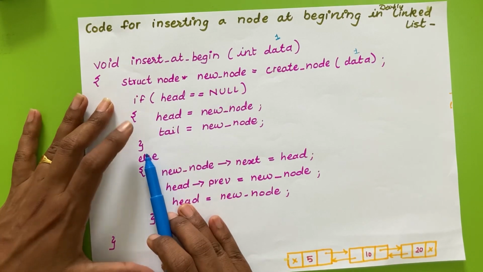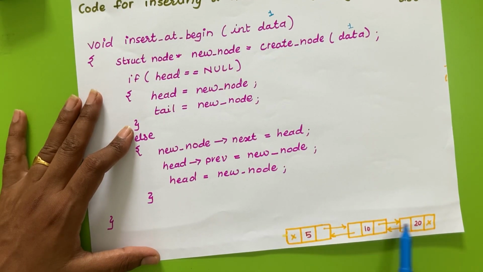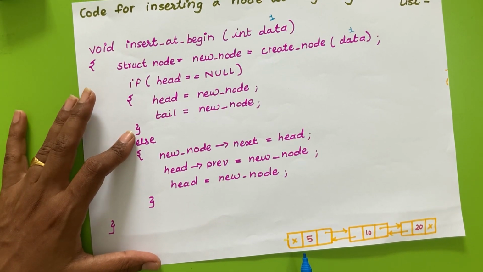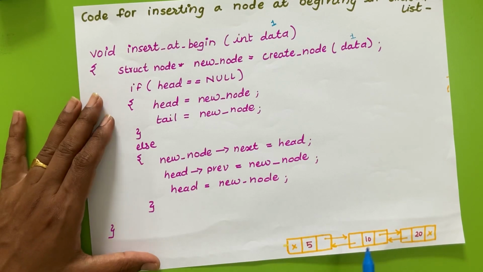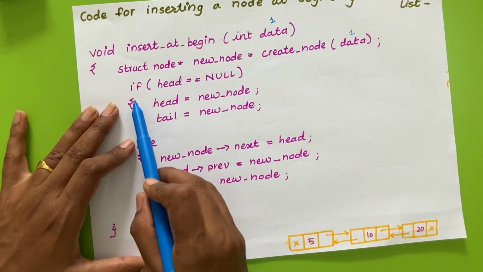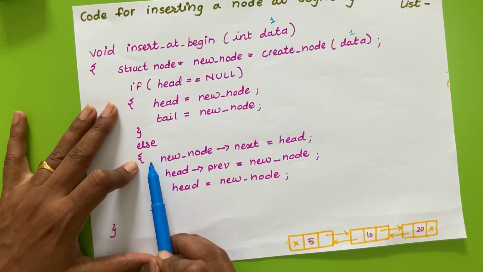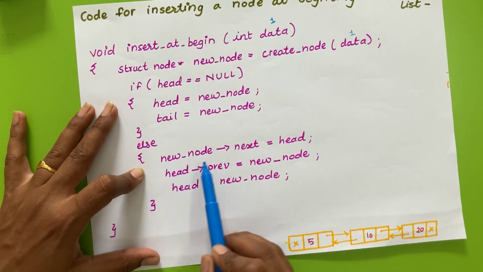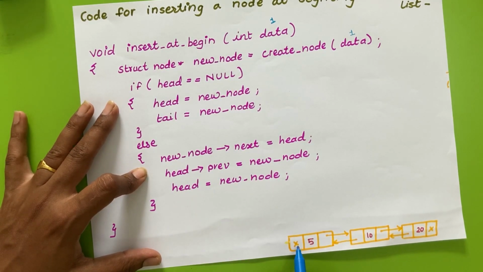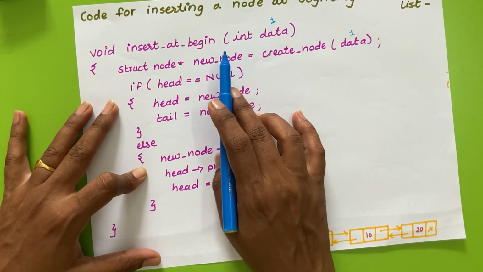And if we have an already existing doubly linked list, then we have to insert the node at the beginning of the list. If this is not the condition, then it will go to the else part. There we have to insert the new node that is already created and returned here.